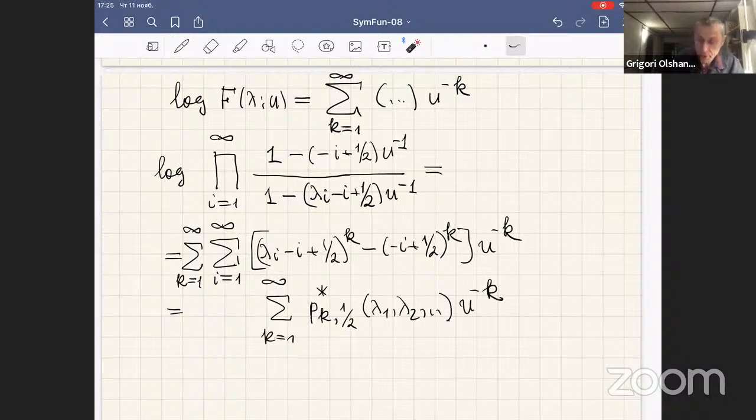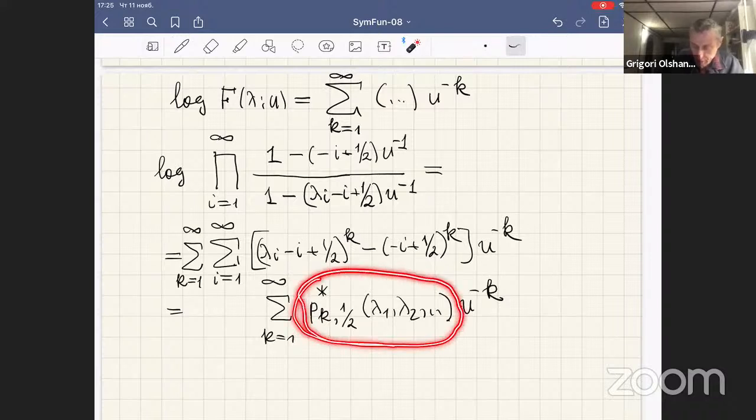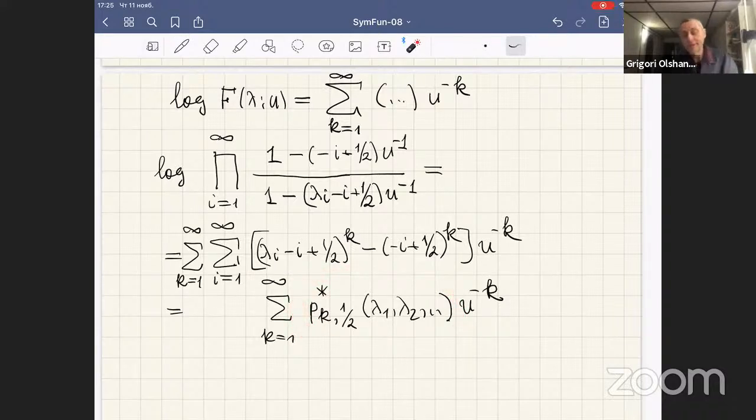So the coefficients we want are shifted power sums with c equal to 1/2.